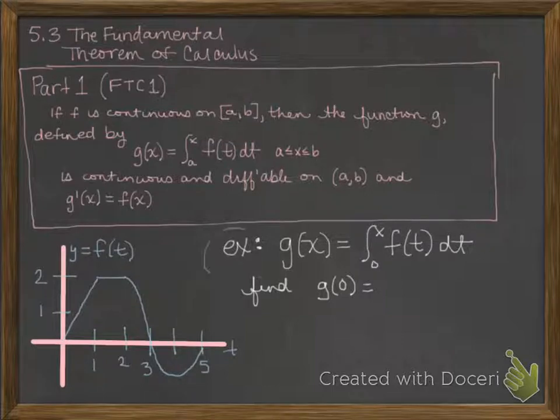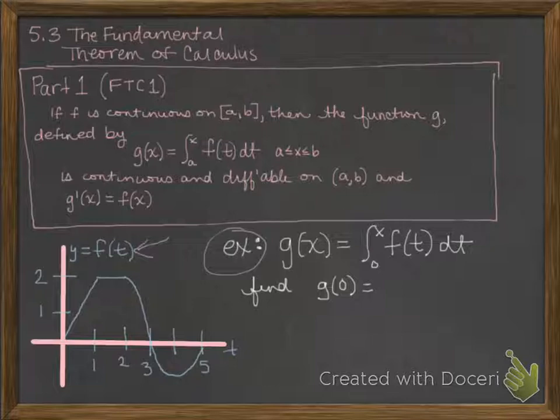So if we look at this example down here, this means here that g of x is the area under the f of t curve over here from 0 to whatever the x value is that you're in g. So we can use this to evaluate values of g by interpreting them in terms of areas.